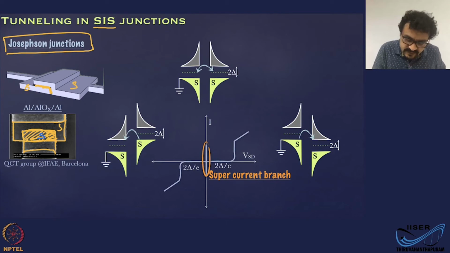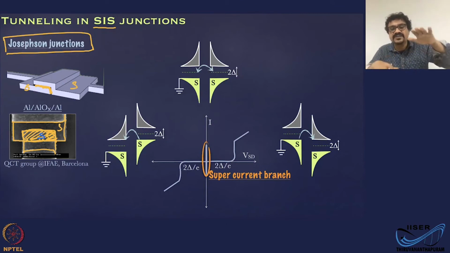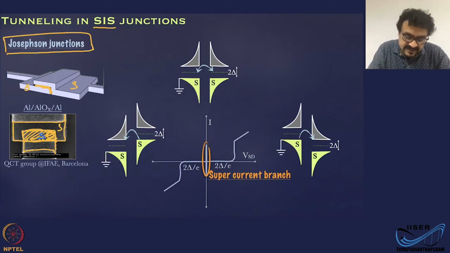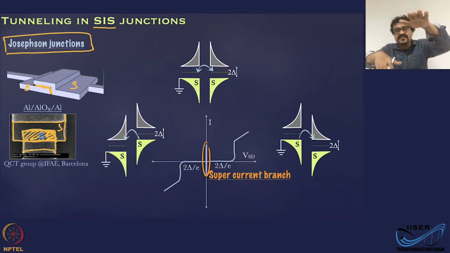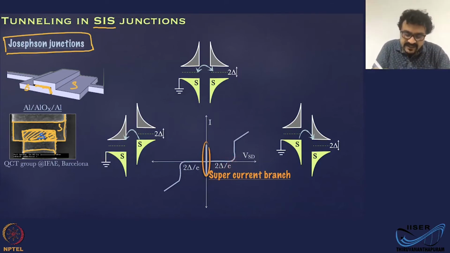Now when you move by 2 delta on each side, that means you will take this empty states here and align them with the filled states on this side. That means you are going to move it by 2 delta. That's the move in energy. That means our bias will be 2 delta by E. Then you will reach this situation, where an electron from here can tunnel into the empty states here.